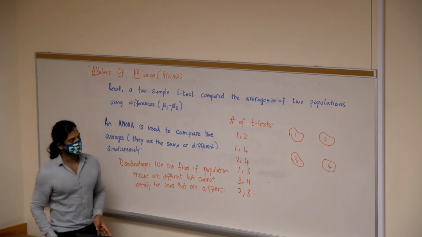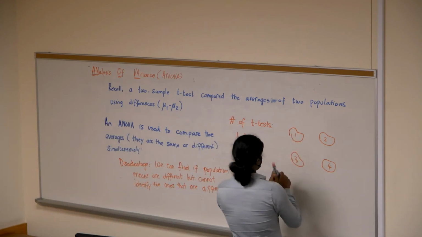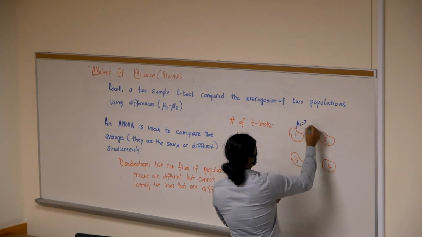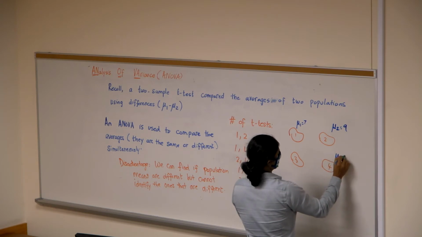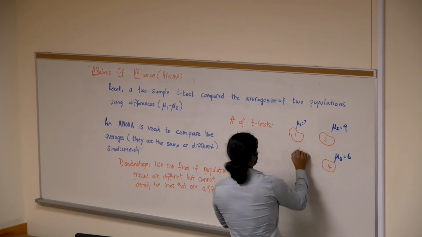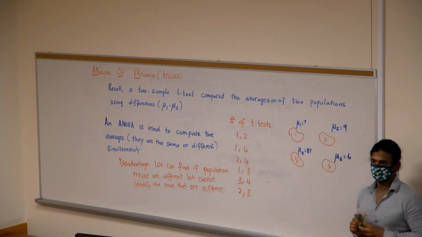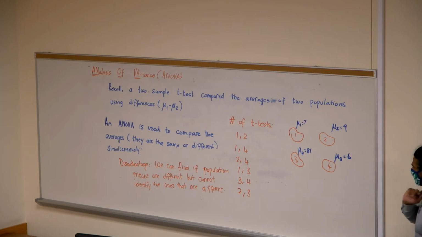So for instance, in my picture, let's say the average of 1 is 7, mu2 is 9, mu3 is 6, and mu4 is 81. I mean, we don't need a rocket scientist to come to a conclusion by looking at that.